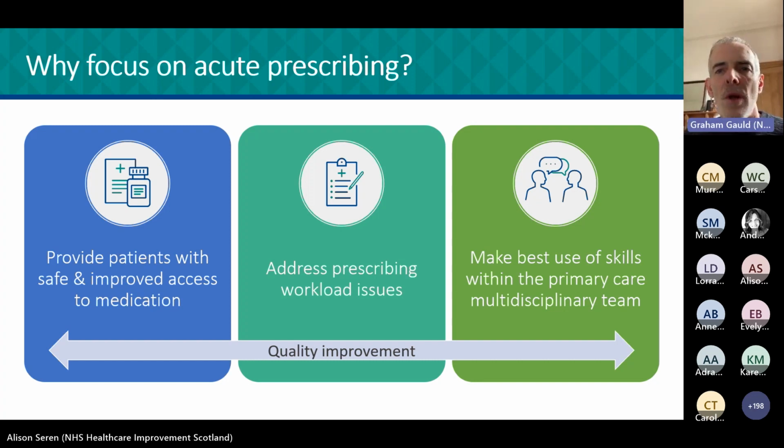And we know from data through our collaborating practices and through your own experience that the workload produced by acute prescriptions is huge. So we're trying to improve that by using quality improvement measures and working with the team.